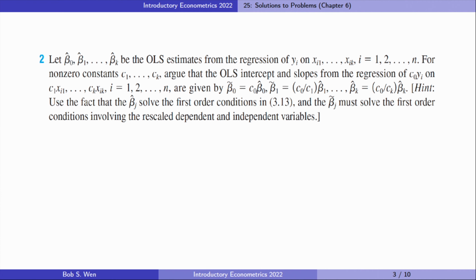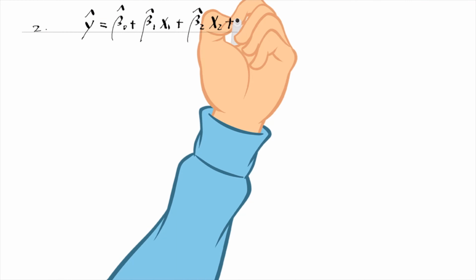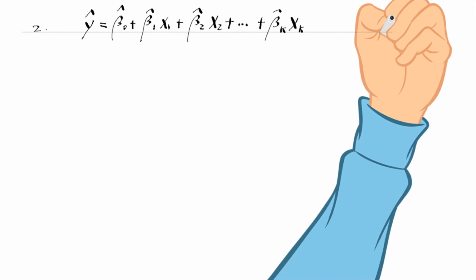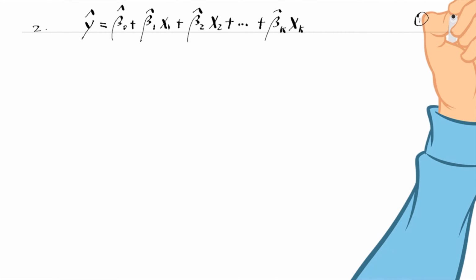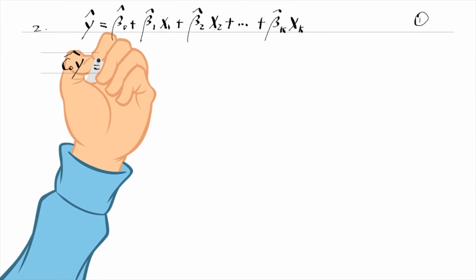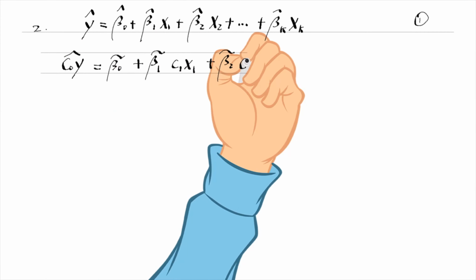For the second problem, the beta hats are the OLS estimates for the regression of y on x1 to xk. We can write the estimated equation as equation number 1. Now, we have beta tildes as the OLS estimates for the regression of c0y on c1x1 to ckxk.